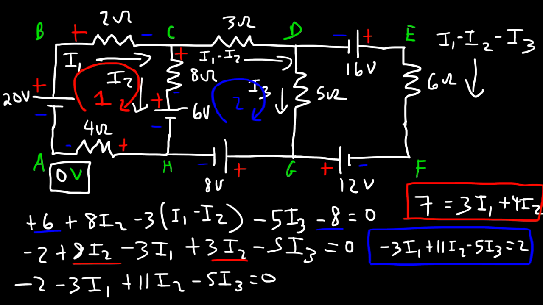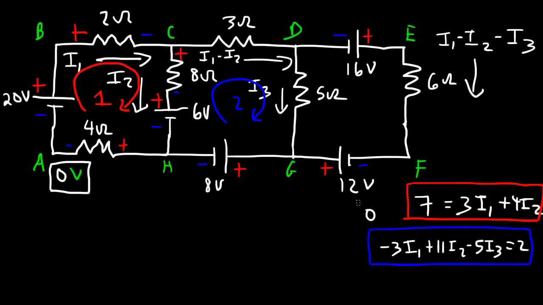And now, let's move on to the third loop. So as we travel in this direction, we have a voltage lift that is 5I3. It's going against I3 as we go up. So that's going to be positive 5I3.